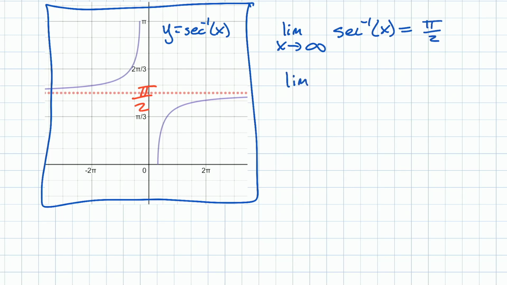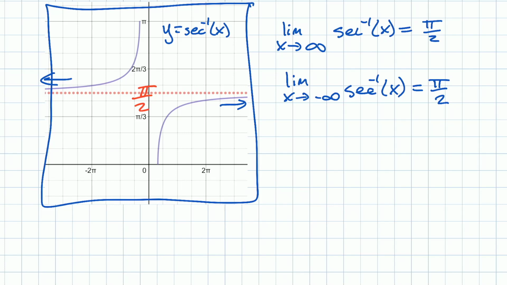And also, the limit as x goes to negative infinity of secant inverse x is what? Pi over 2 again, right? Because it's out here. They both go to pi over 2. They level out at the same place.